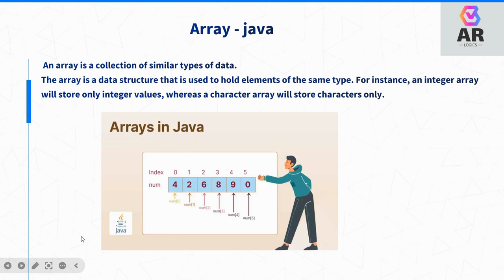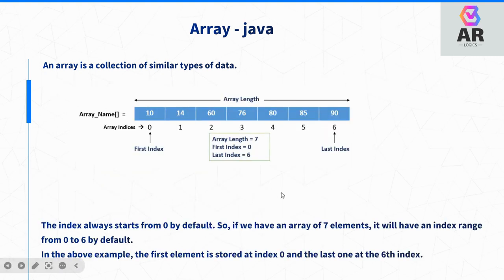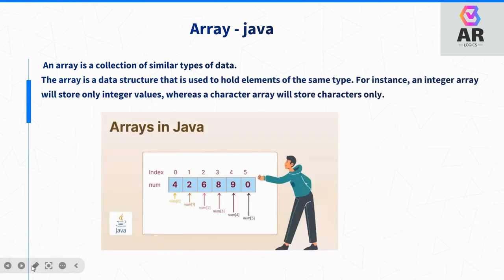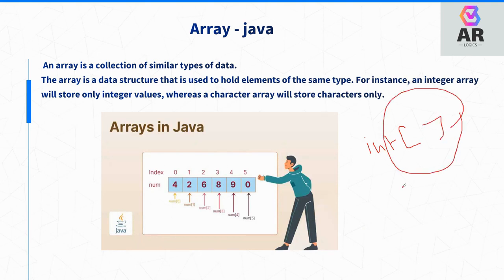Same type means, suppose you are declaring the string type only, you need to declare the same type.